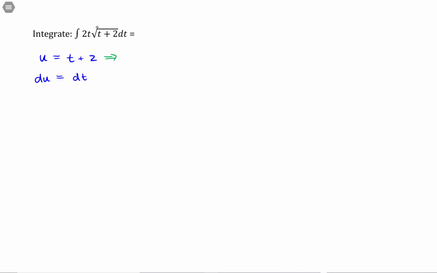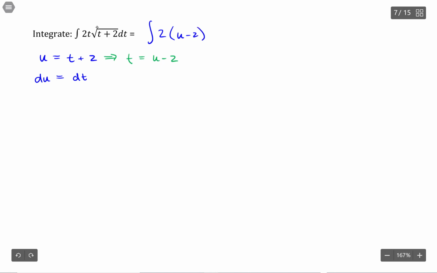So if I subtract 2 from both sides, I have t equals u minus 2. What that allows me to do is substitute for that extra value of t. So this now becomes the integral of 2 times u minus 2 times the square root of u du. So everything's in terms of u.